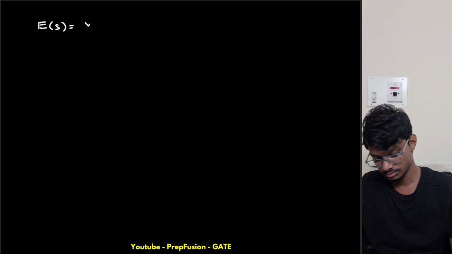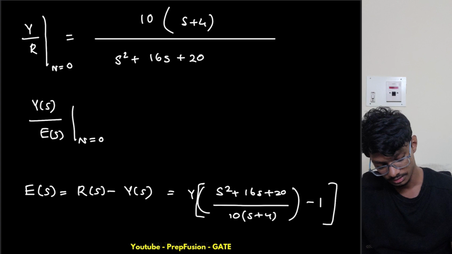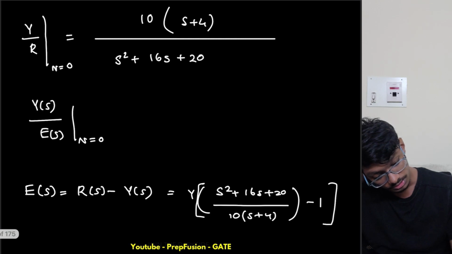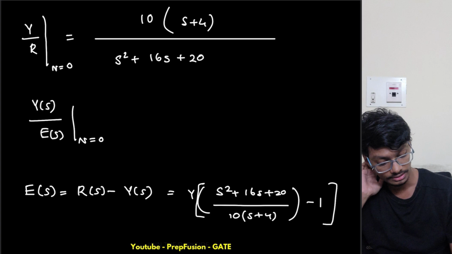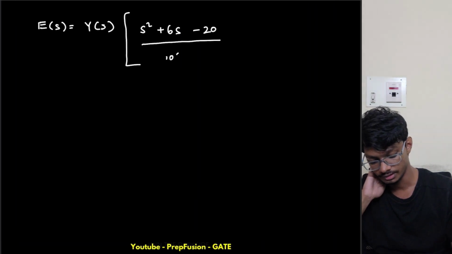So E of s equals y of s into simply s square plus 6s. Now this 40 is getting subtracted, so this becomes 20, and in the denominator we have 10 into s plus 4.